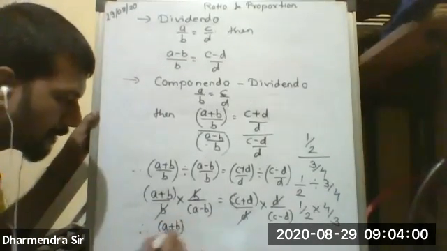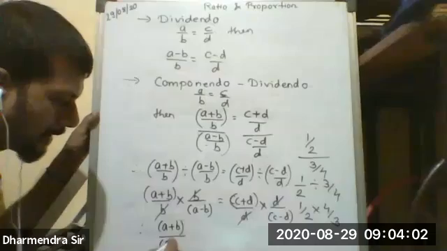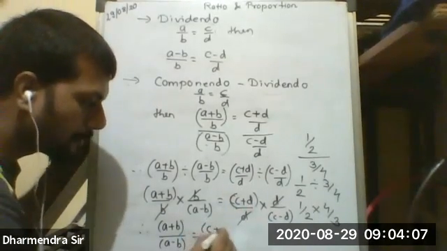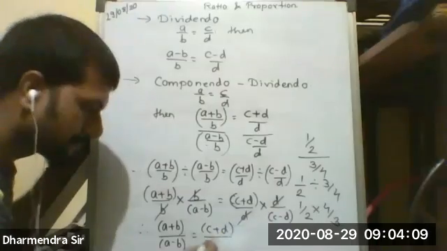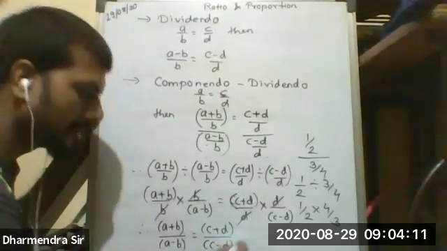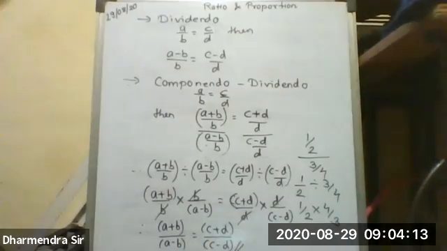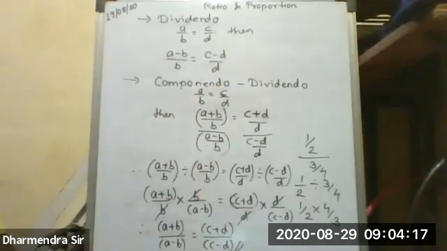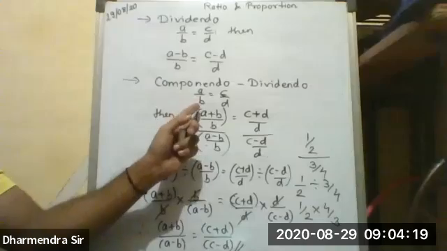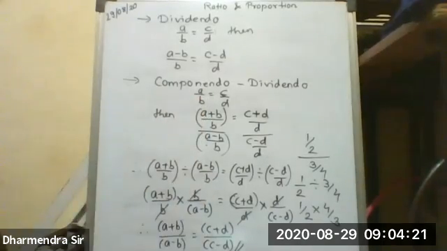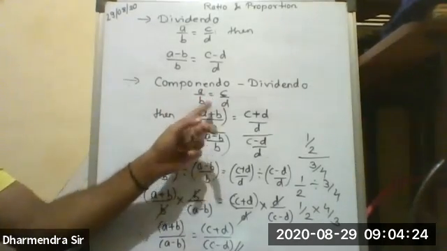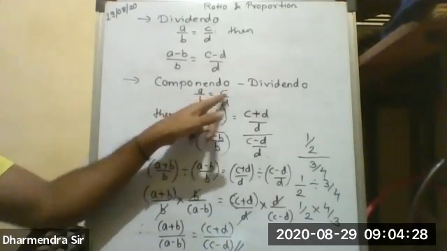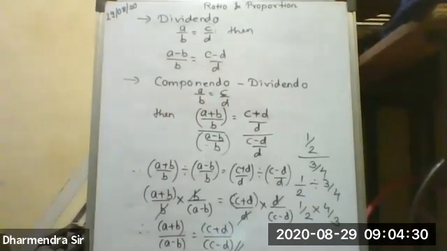A plus B by A minus B is equal to C plus D by C minus D. So when we say apply componendo dividendo on the equal ratios of the type A by B equal to C by D, then your answer should be A plus B upon A minus B equal to C plus D upon C minus D.